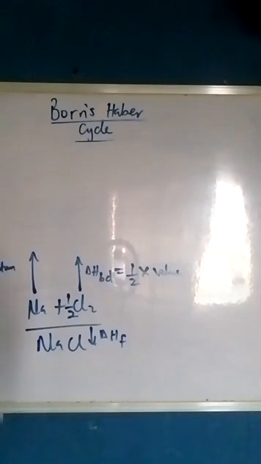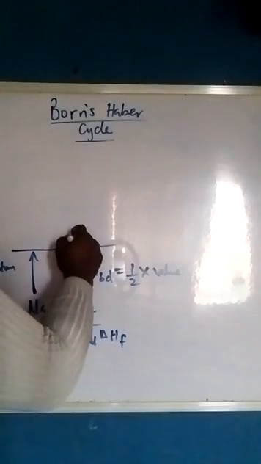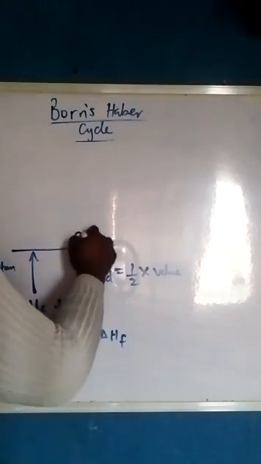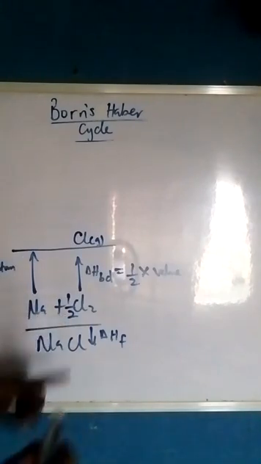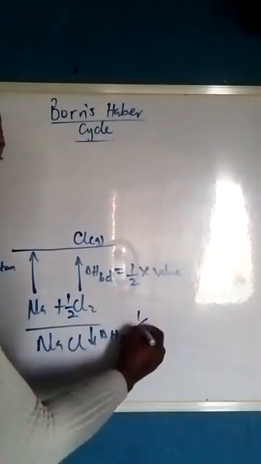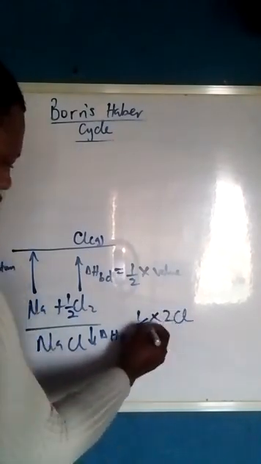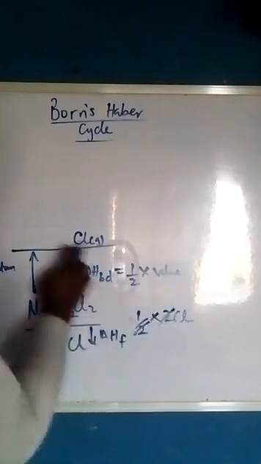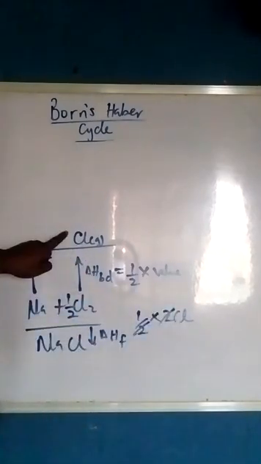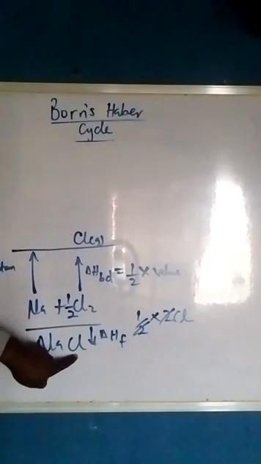Once you break the bond, it forms Cl gas. We are getting the atom, because 1/2 times 2 atoms of chlorine gives you just 1 atom of chlorine. So we're going to have 1 atom of chlorine over here, and it should correspond with your final product.